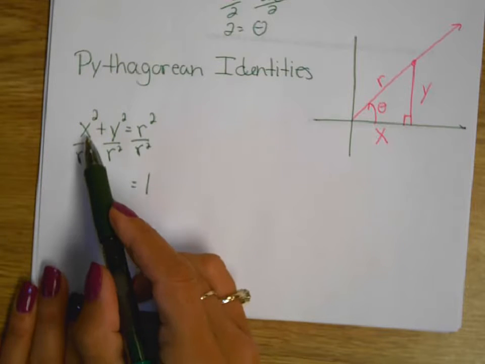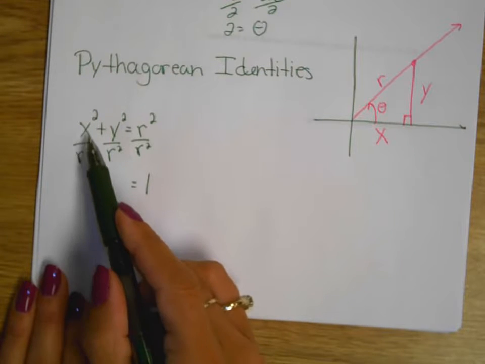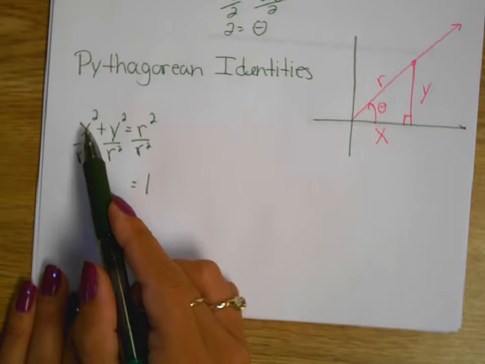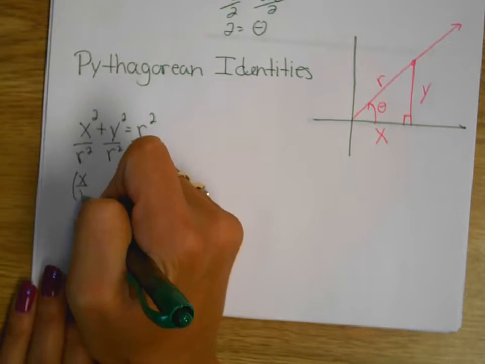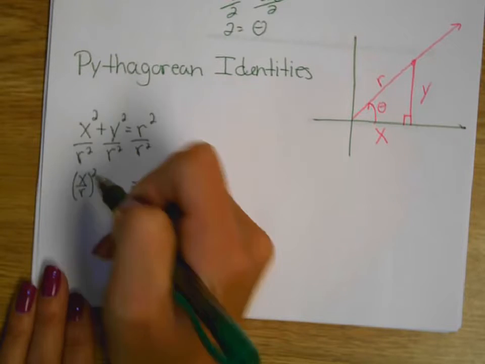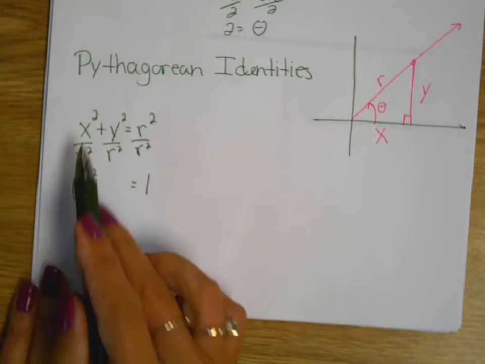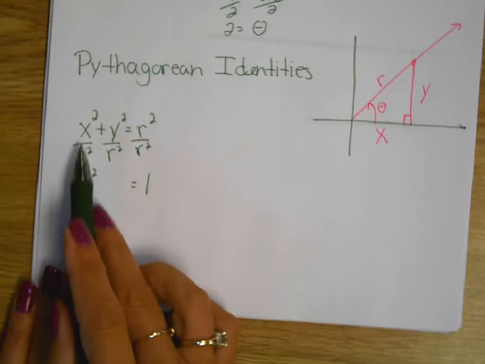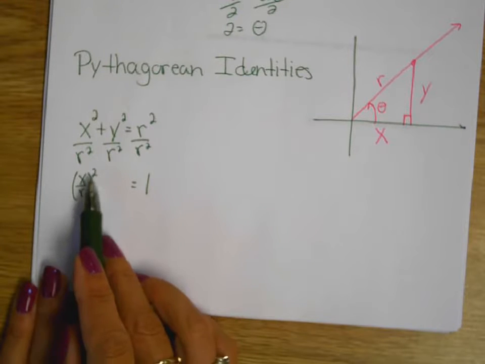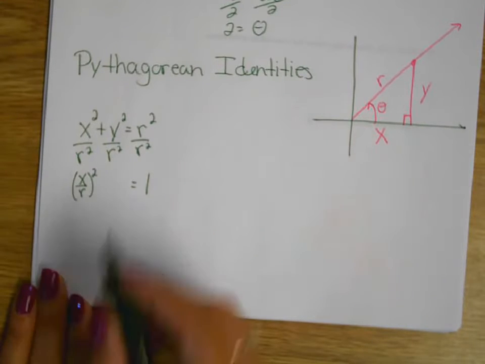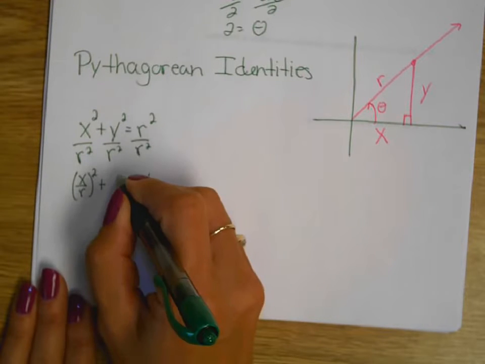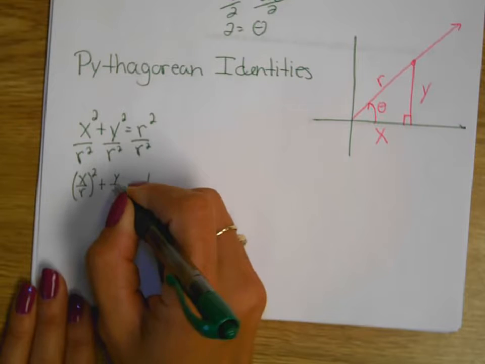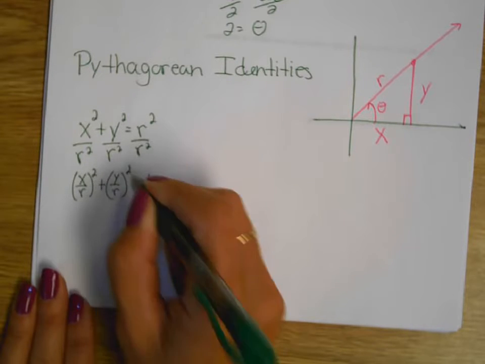Now, using our exponent rules from algebra, when you've got 2 things squared, it's legal to say that's equal to the fraction squared. So I took the x squared over r squared and made it x over r, the fraction squared. Plus, this could be rewritten y over r squared.